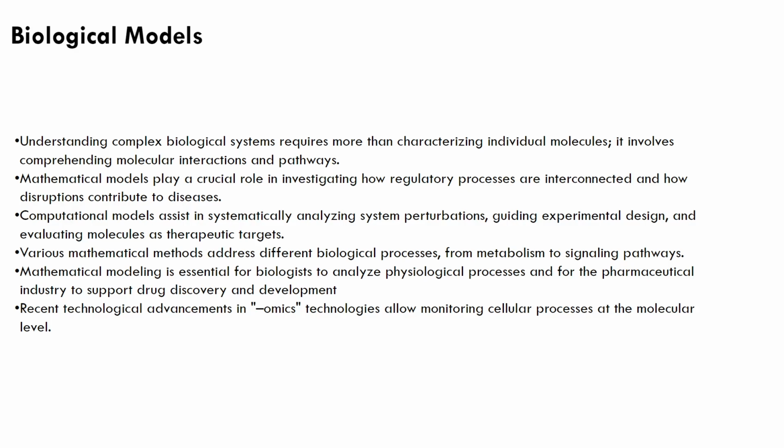So there are different kinds of biological processes, but you can use mathematical models to address all of them, from metabolism to signaling pathways. Anything you can think of, you can model according to their interactions. You can write a few differential equations, or a few equations in general, and then solve them and try to find out what kind of stable states they are in or what kind of transitions they are in, etc.